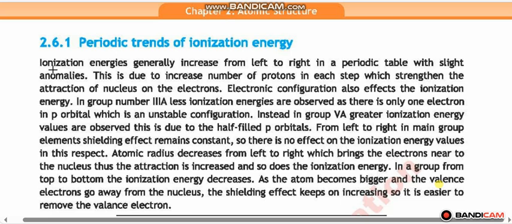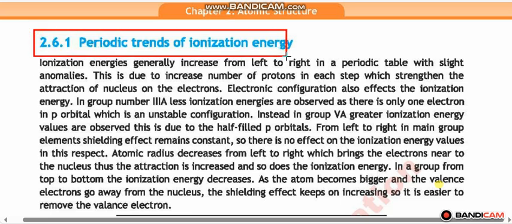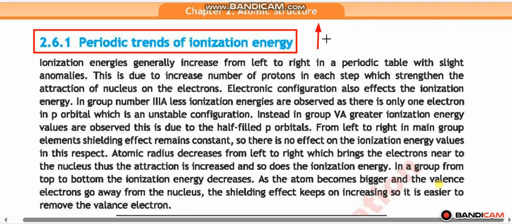Now we discuss the periodic trends of ionization energy. Remember that the ionization energy increases from left to right in a period, and it decreases down the group. You know that a periodic table consists of periods which are from left to right, and groups which are from top to bottom.